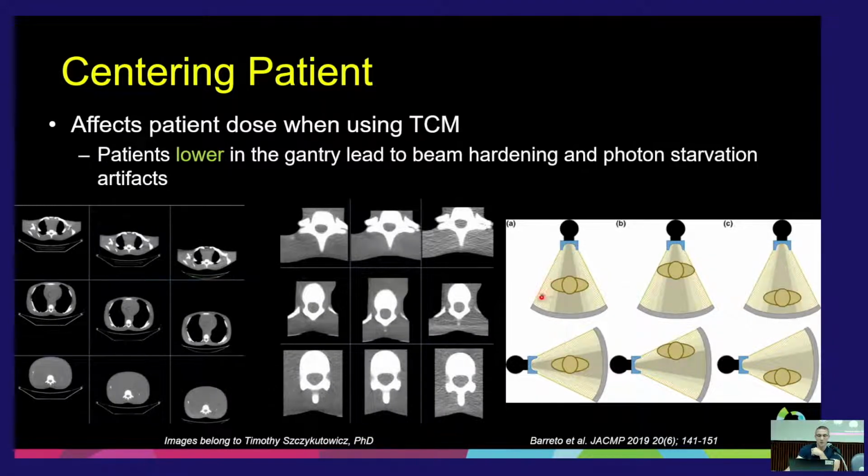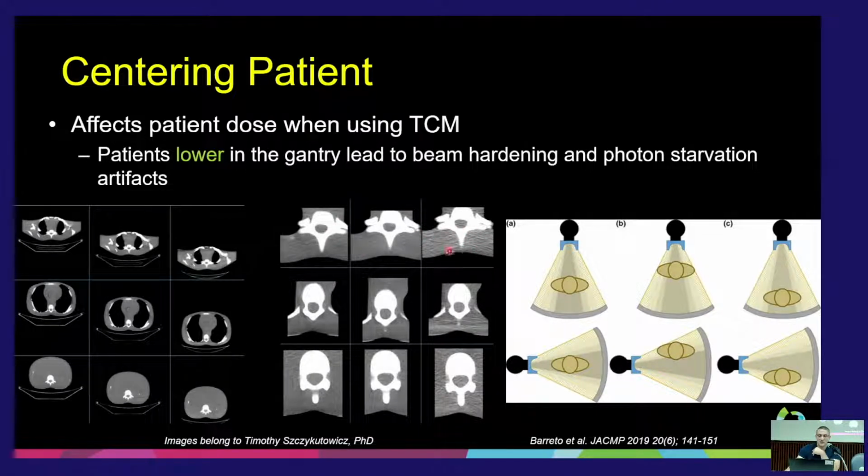And so that's the whole point here, is if you don't put the patient in the right position, if they're too high or too low, as it spins around, that bow tie filter is going to affect the amount of photons or x-rays getting to the detector, and that's going to cause some image quality issues. So here you can see a patient too high on the gantry and then too low on the gantry, and you see these phantoms that Dr. Stikotovich imaged and published.